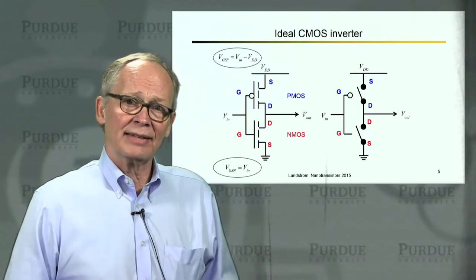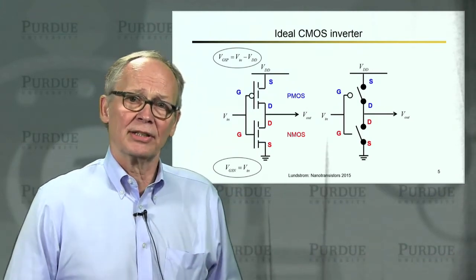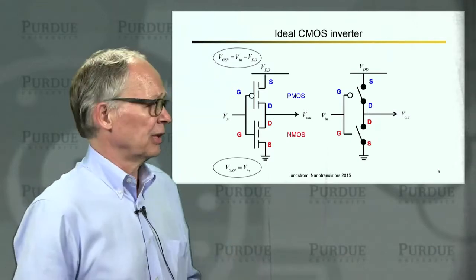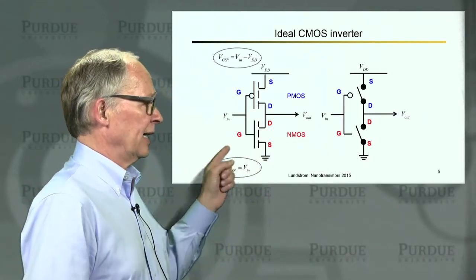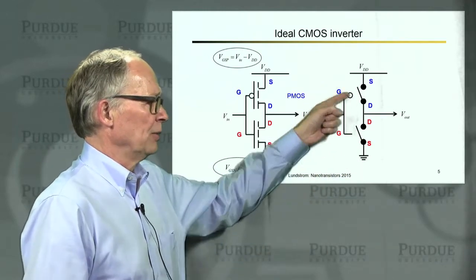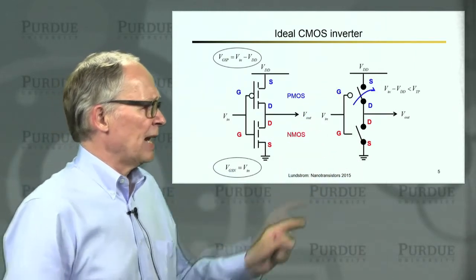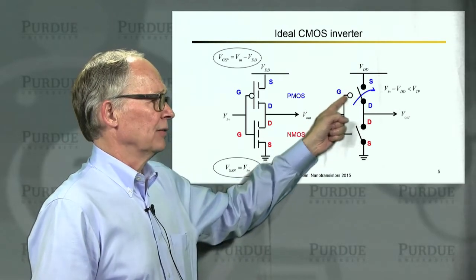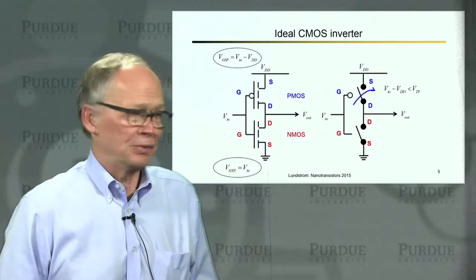The simple way to think about this is it's like two switches that are either on or off depending on the input voltage compared to the threshold voltage. So we've got an N-MOS on the bottom with a switch that's open or closed, and we have a P-MOS on the top. If we have a low voltage at the input, that gives us a very large negative voltage between the gate and the source of the P-MOS.